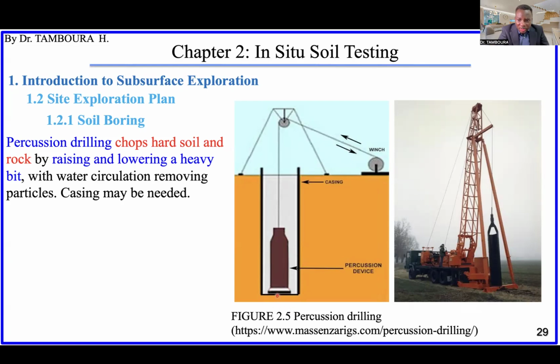If there is a rock here, you lift it and you drop it, gravity, and this percussion device will hit the rock to break it in pieces. This is a photo.